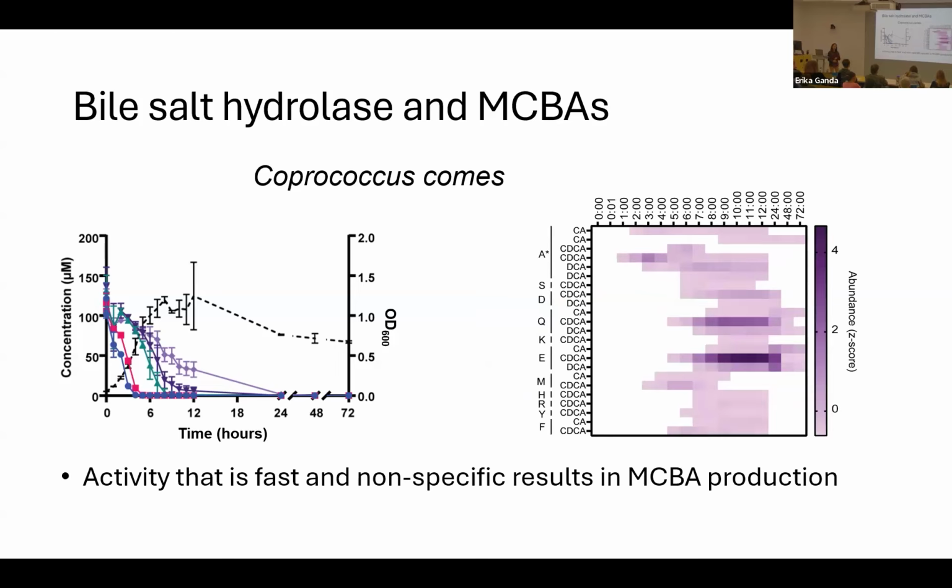And in all 4 of these bacteria, we also saw MCBA production. What we didn't expect, and I think is really informative, is the transience of these MCBAs. This might inform the function that they're performing for bacteria, potentially amino acid sequestration, because they are going up and then disappearing over time.